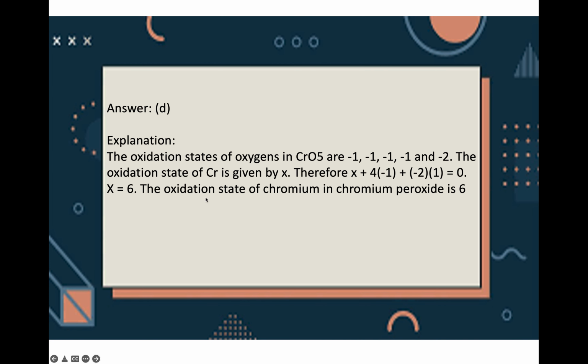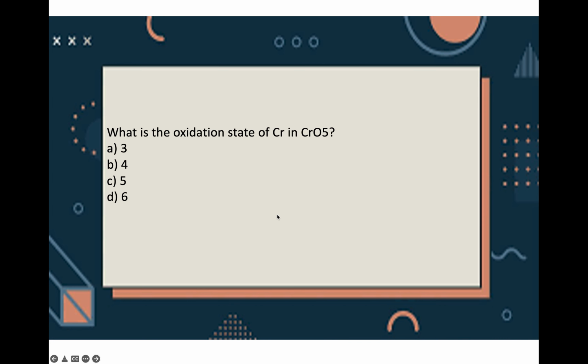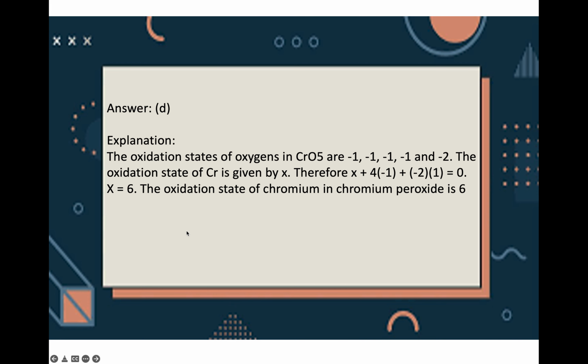But what happens in chromium peroxide, which is CrO5? Okay, so X plus 4 into -1 plus -2 into 1 is 0. When you substitute it, X plus -4 -2, that is X minus 6, is equal to 0. So X will be equal to 6.